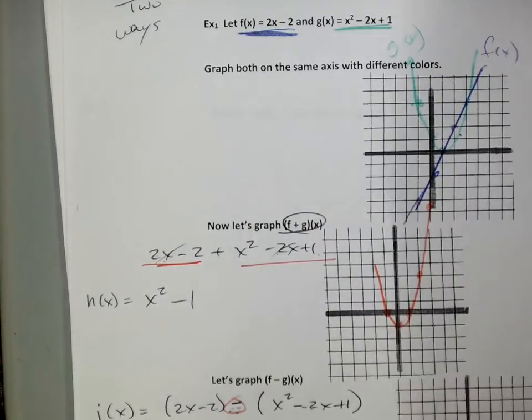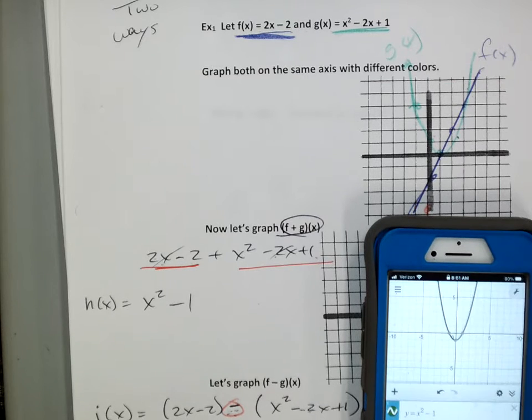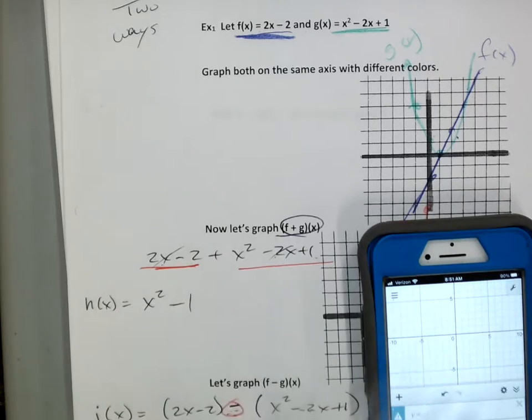Okay, so if I put that on my graph, let's go back to Desmos. In Desmos, y equals negative x squared plus 4x subtract 3. And that's what this one looks like.